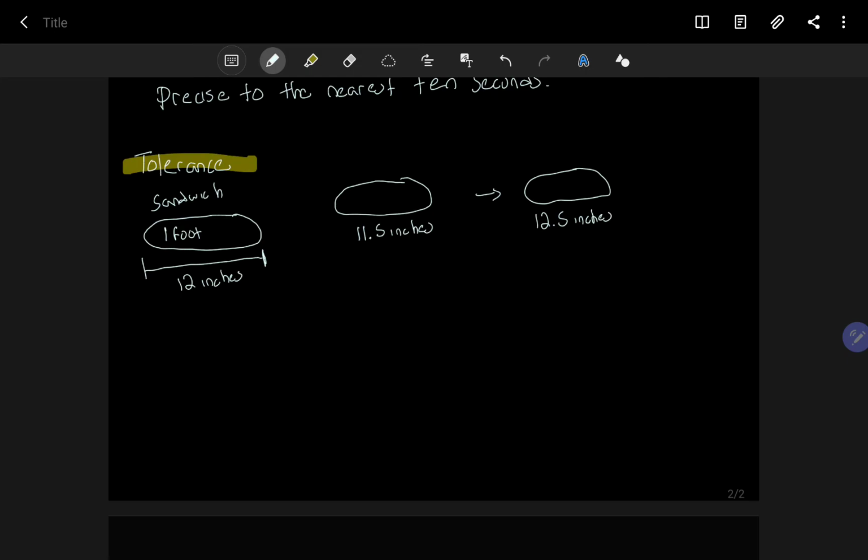And so what we're saying here is, for my sandwich, the tolerance for my Subway is 12 inches, give or take half an inch.